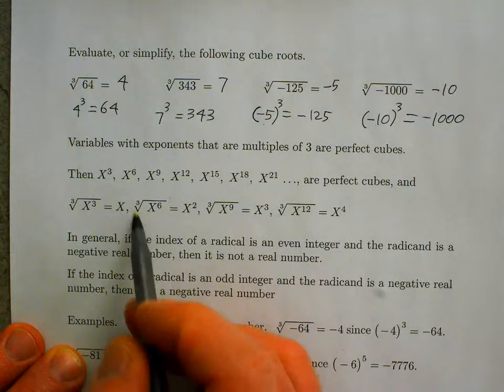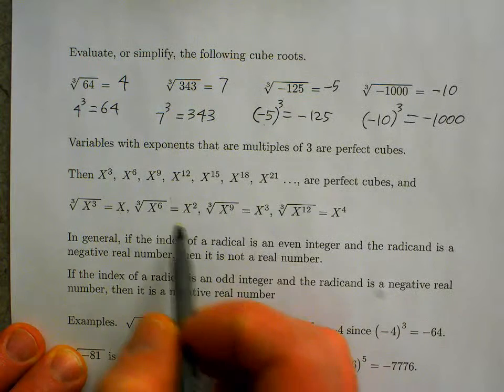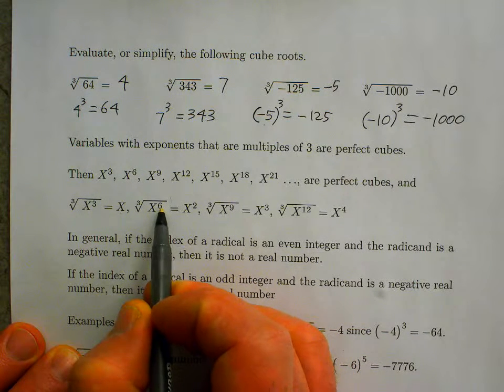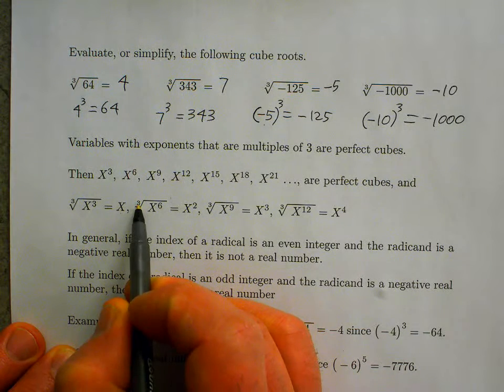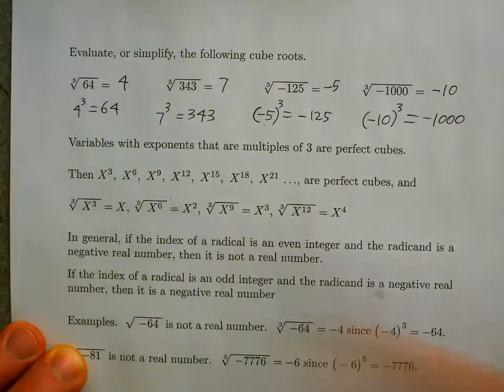To simplify the cube root of x to the sixth, we divide the exponent 6 by the index 3, which is 2, so it simplifies to x to the second.